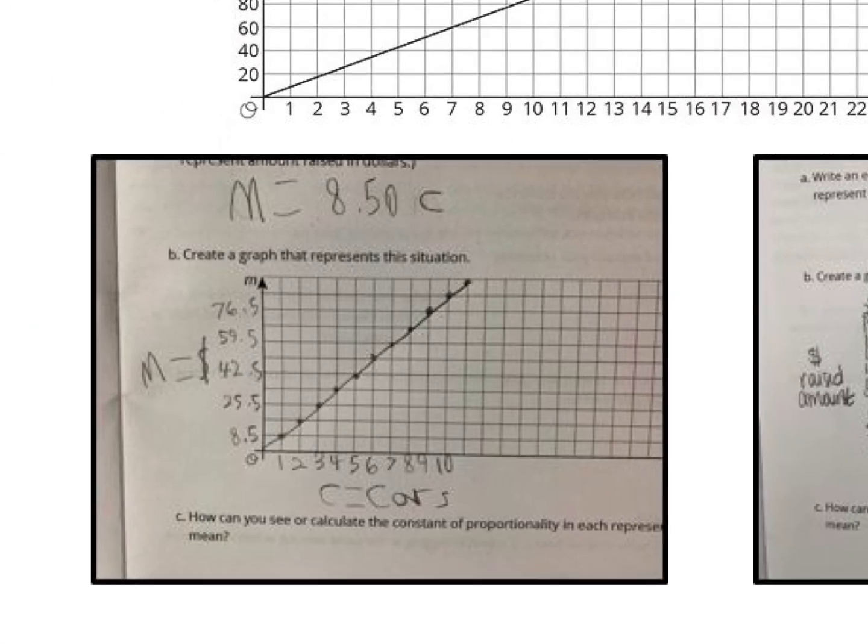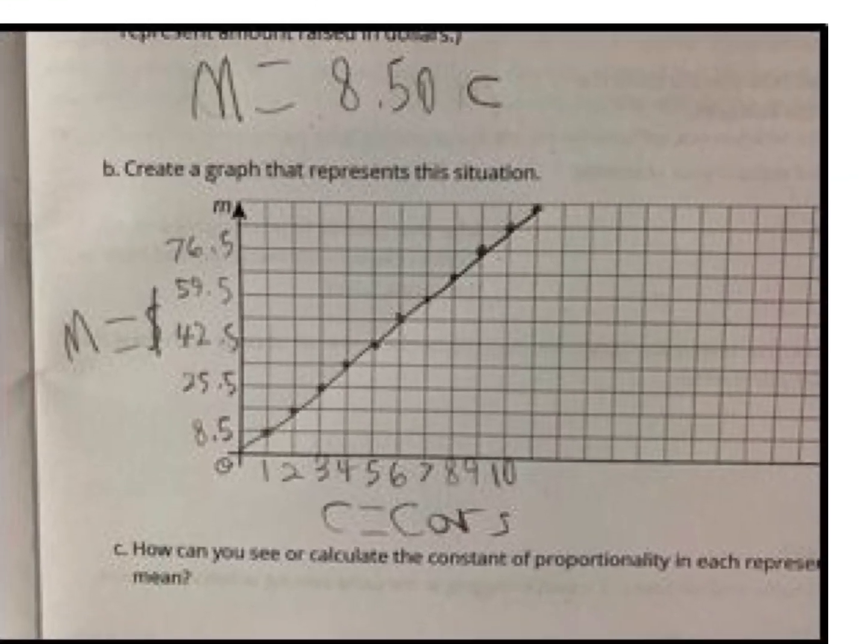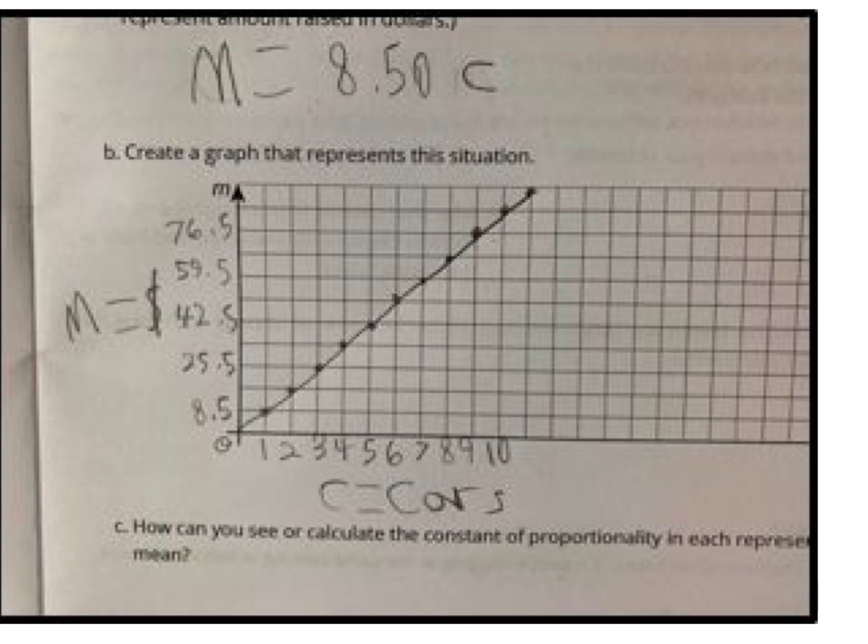Here is another graph that another student did. Notice how these are just numbers of cars that are being washed. And notice how it goes up by 850. So 850, 2550, 4250, 5950. So pretty much every one it goes up by 850, but they only labeled every other. This also works.